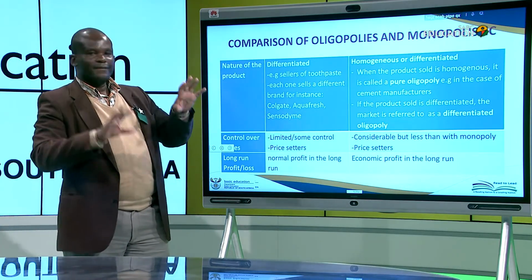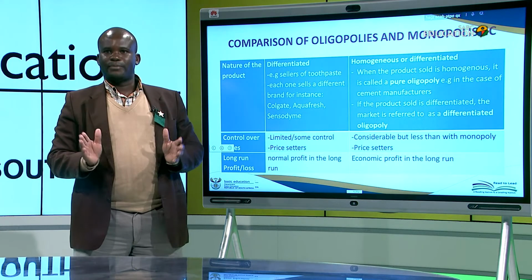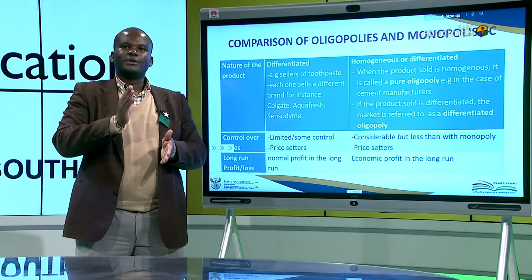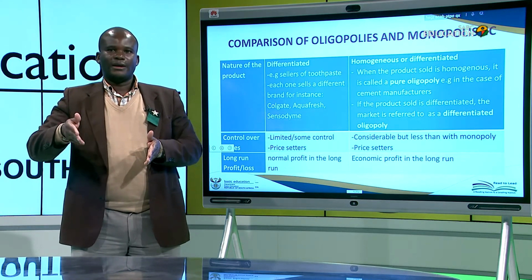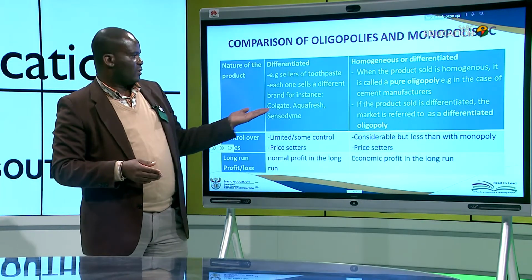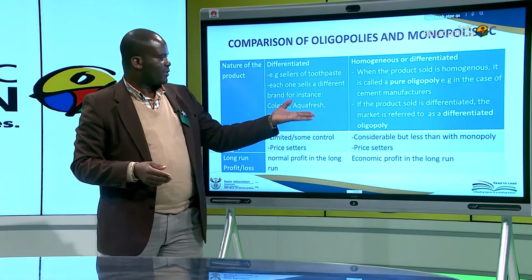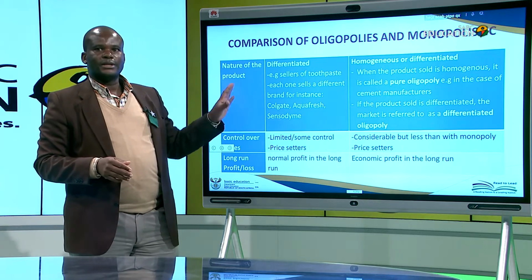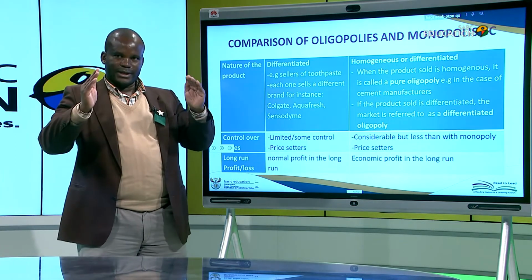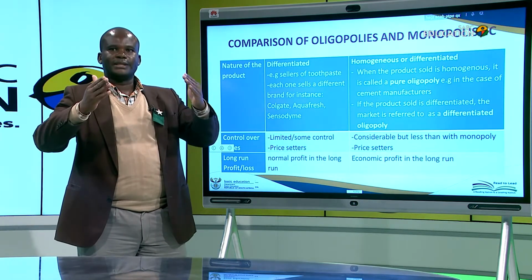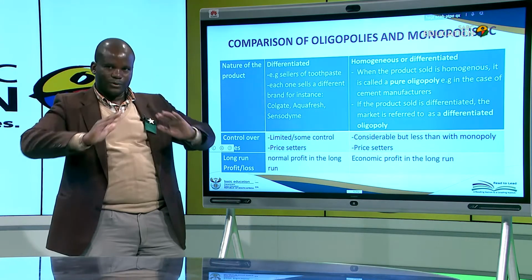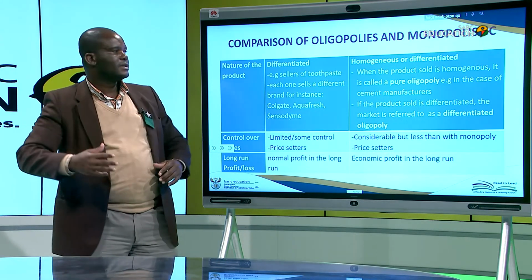Everyone in this market is selling toothpaste, but each one will be selling their own particular brand. One might be selling Colgate, another one Aquafresh, the other one Sensodyne, but the product is toothpaste, differentiated in terms of the types of brands that each firm is selling.